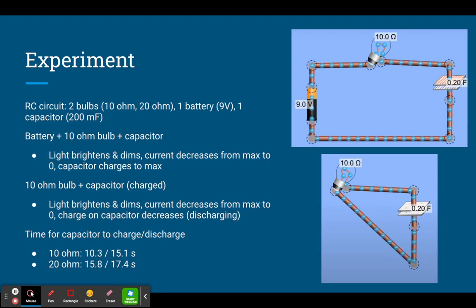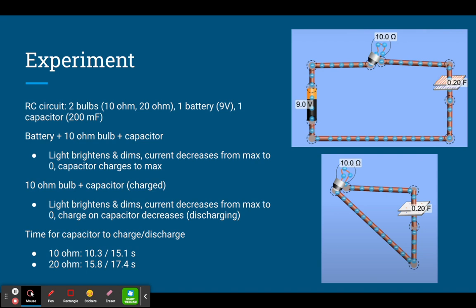And then here we have an RC circuit with two bulbs, one being 10 ohms, one being 20 ohms, one battery of 9 volts, and one capacitor with a value of 200 microfarads. And then for the battery, the 10 ohm bulb and the capacitor, the light brightens and dims, and the current decreases from max to 0, and the capacitor charges to the maximum.